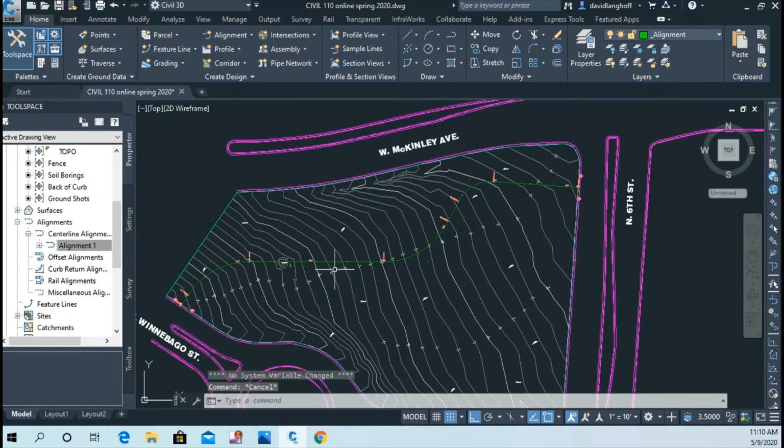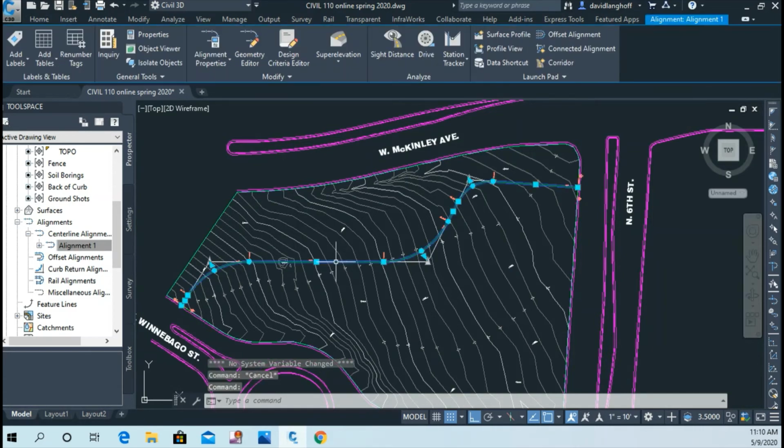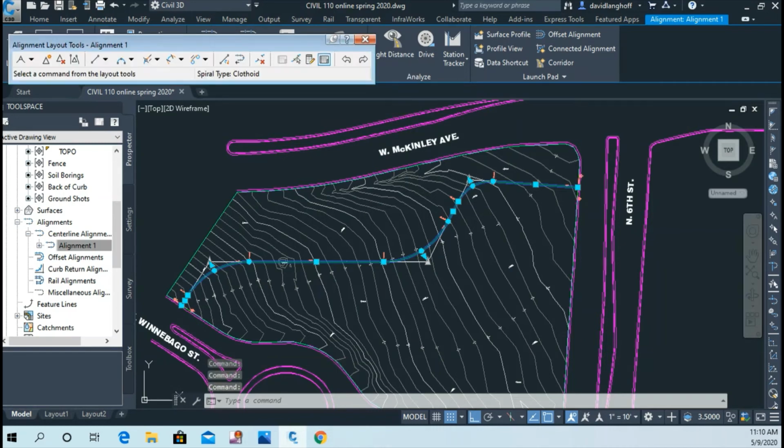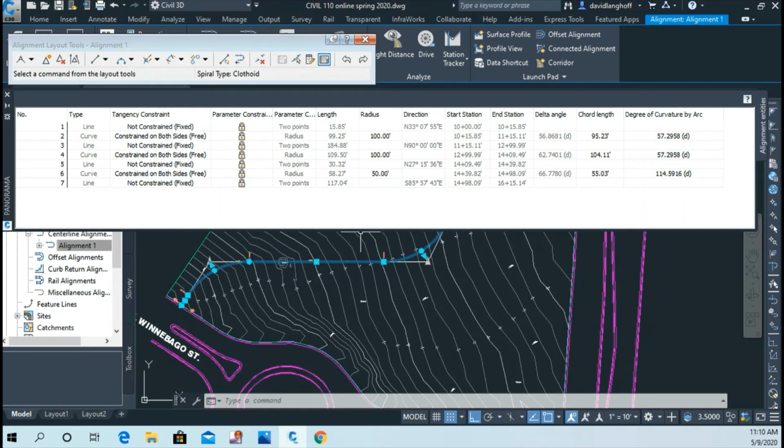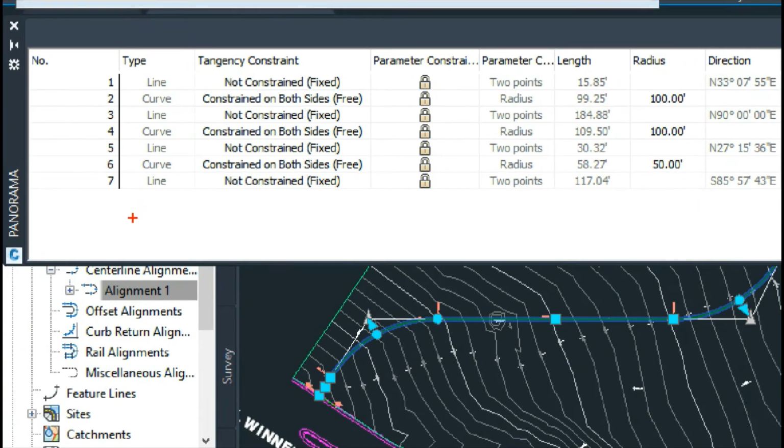Now, if I left click on my alignment here, and then I go to the geometry editor right here, I'm just going to show you this alignment grid view. If I click on that, here's a lot of information about the alignment. You can see that it starts with a line, and then a curve, and then a line, and another curve, line, curve, line.